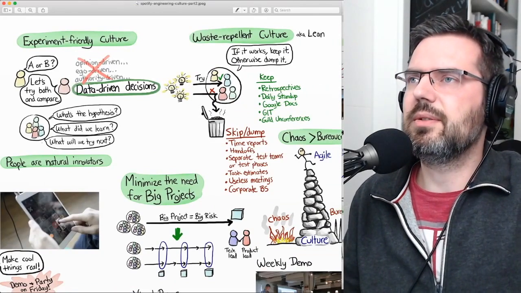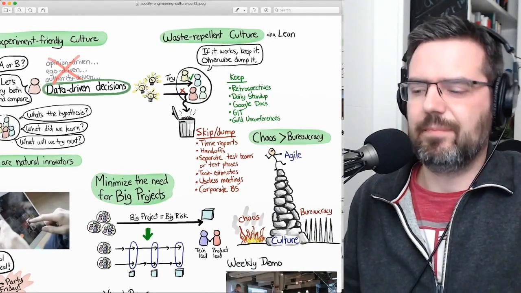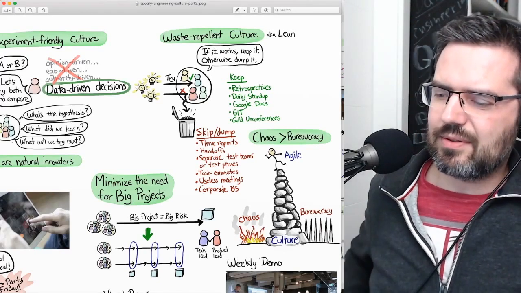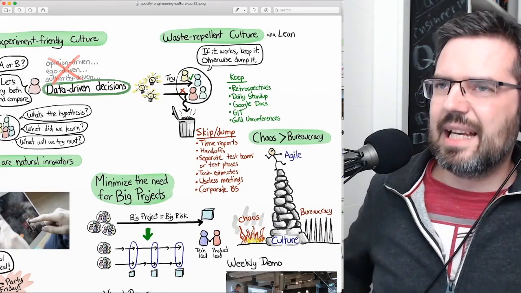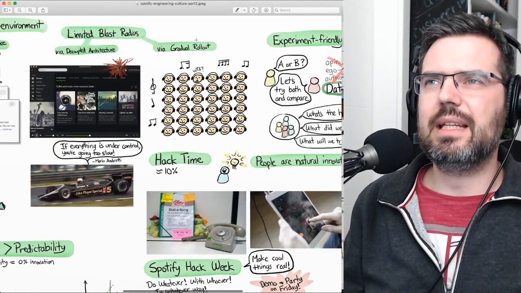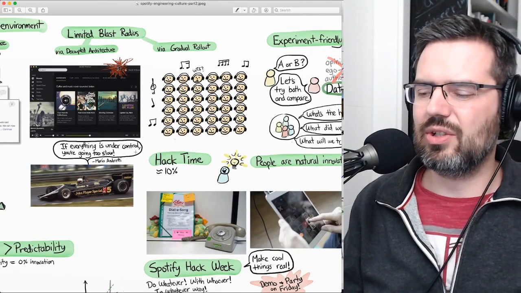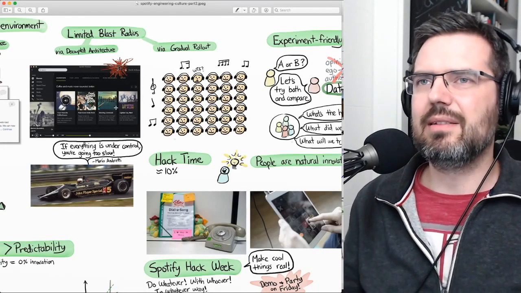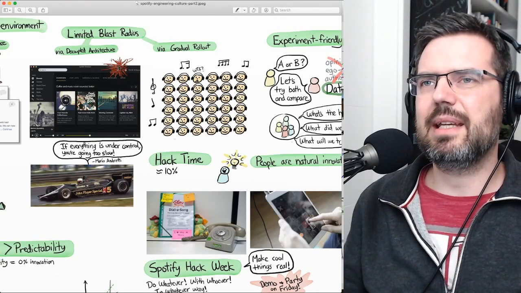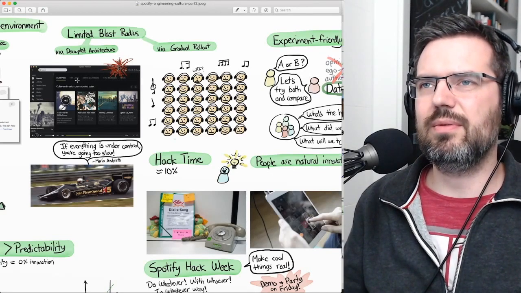Data-driven decisions, waste-repellent culture, aka lean culture. Limited blast radius because they use microservices. In this case, it's not. I think this is not based on technology or what they are doing behind it. The limited blast radius is that if one team breaks something, it's just a small part of the whole interface of the whole Spotify service.